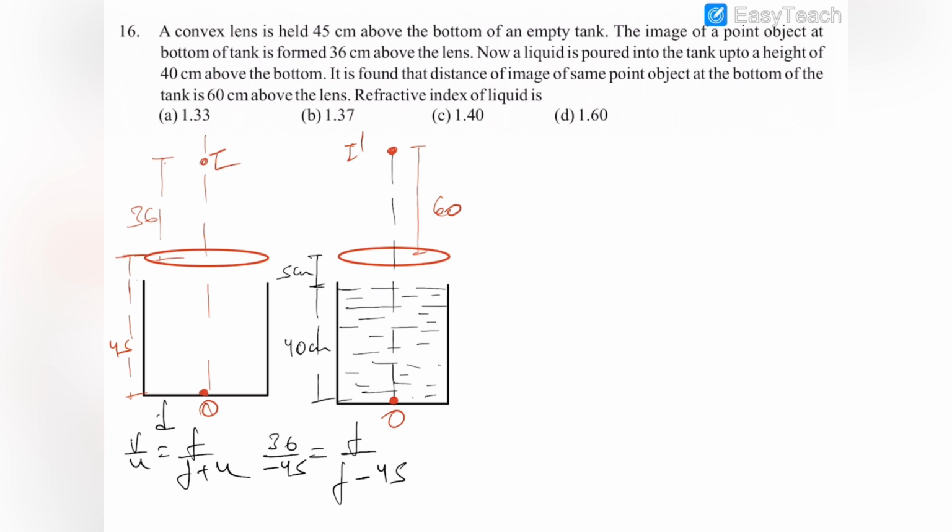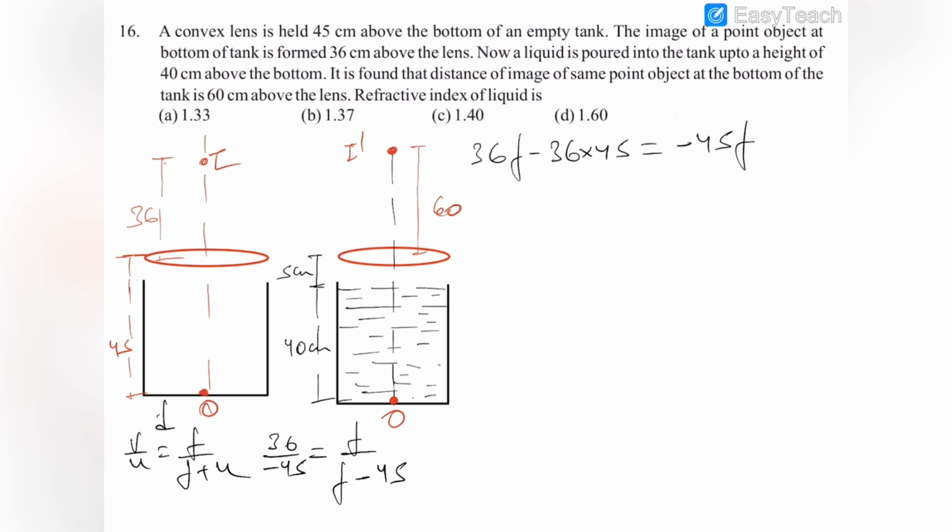So 36F minus 36 into 45 is equal to minus 45F.